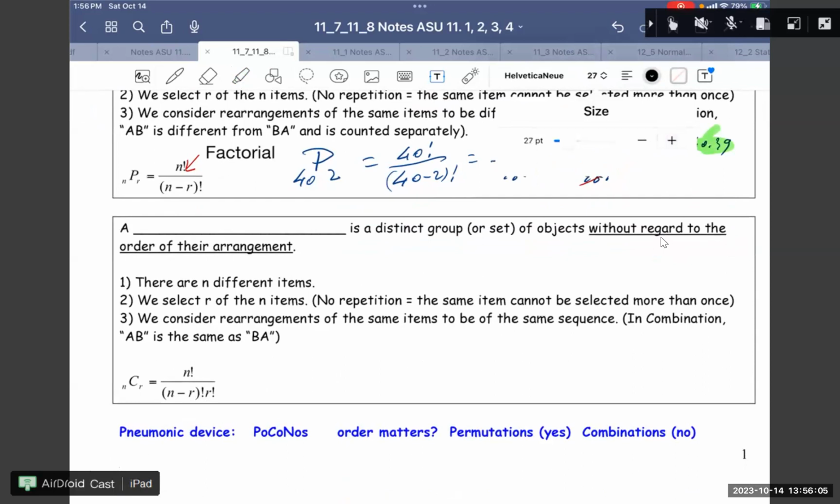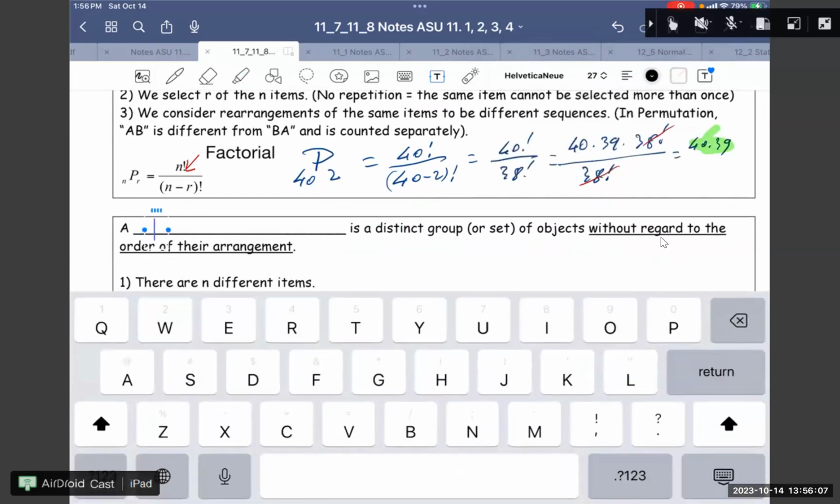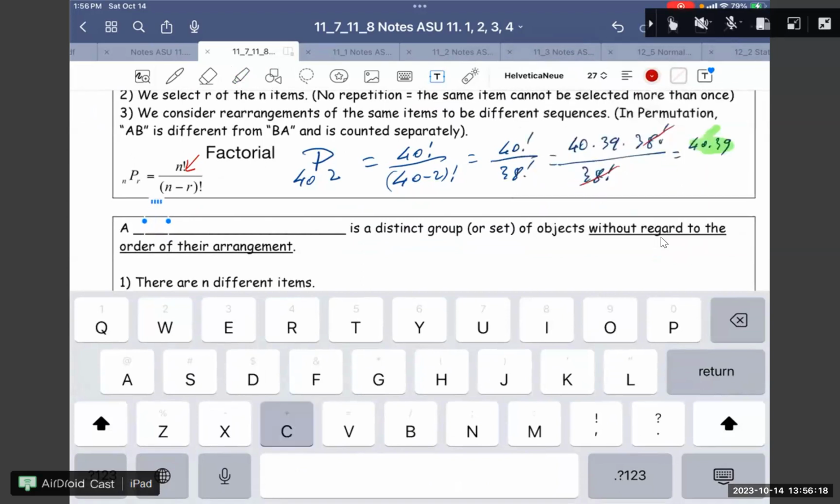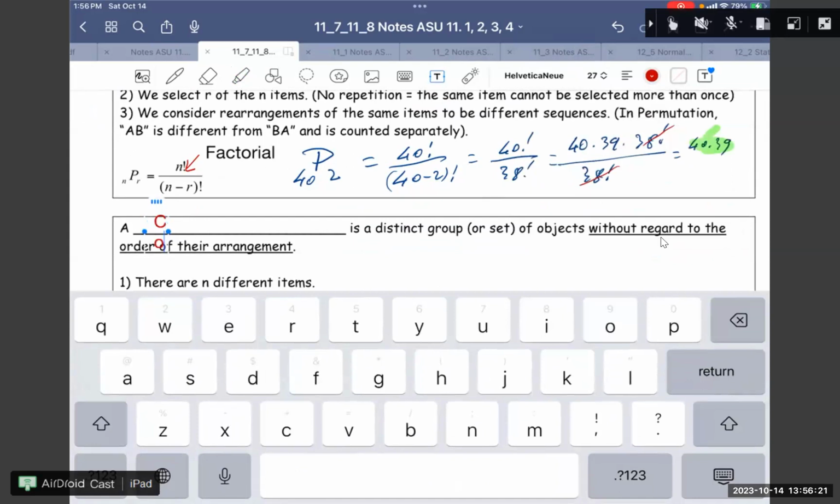And for this, combination. Hold on, let me change to the red color so you can see it.